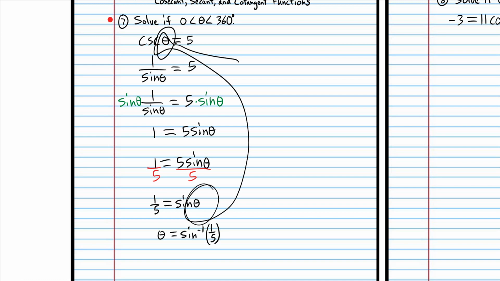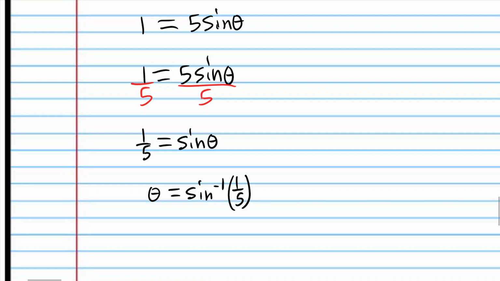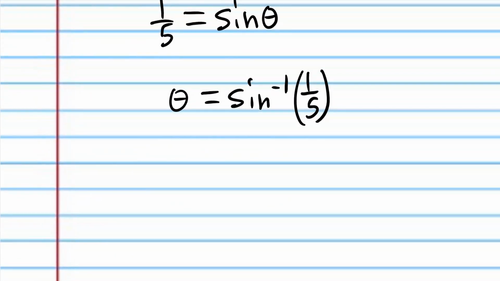It's just in a different equation. So now we can go to the calculator. If you're using a TI-84 Plus, press the blue button at the upper left, then the sine button, and then 1 divided by 5, and then enter.